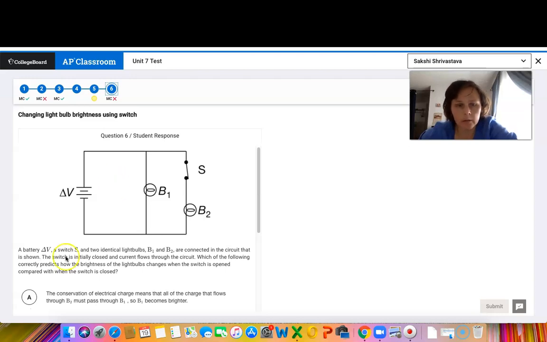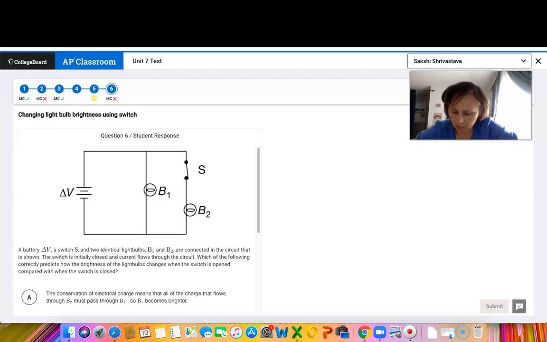So you find that the brightness would be 2V squared over R, and you can mistakenly say to yourself, my brightness must decrease by a factor of 2 when I open the circuit.